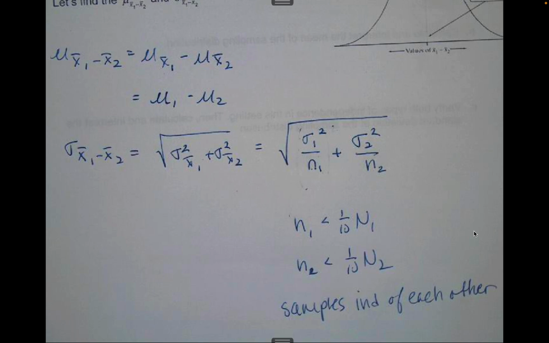Remember, the order of subtraction is important. Check your answers with your neighbors.